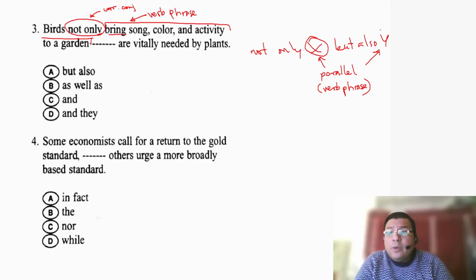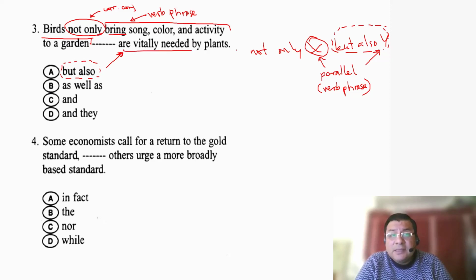So let's take a look. We are looking for something that has this look, but also and a verb phrase. We have but also. Yeah, but also is correct. And then what follows but also is are vitally needed by plants. Here's another verb phrase. You can see the verb are. So the correct answer choice, but also, option A.